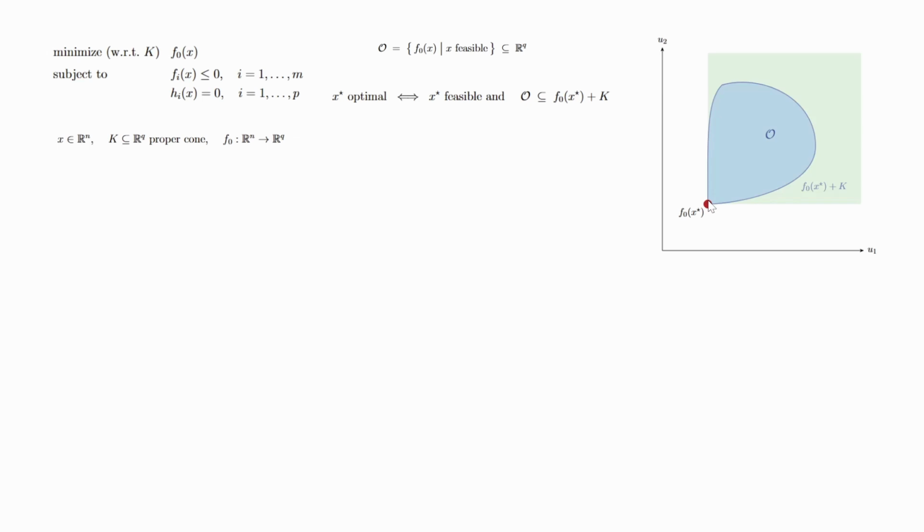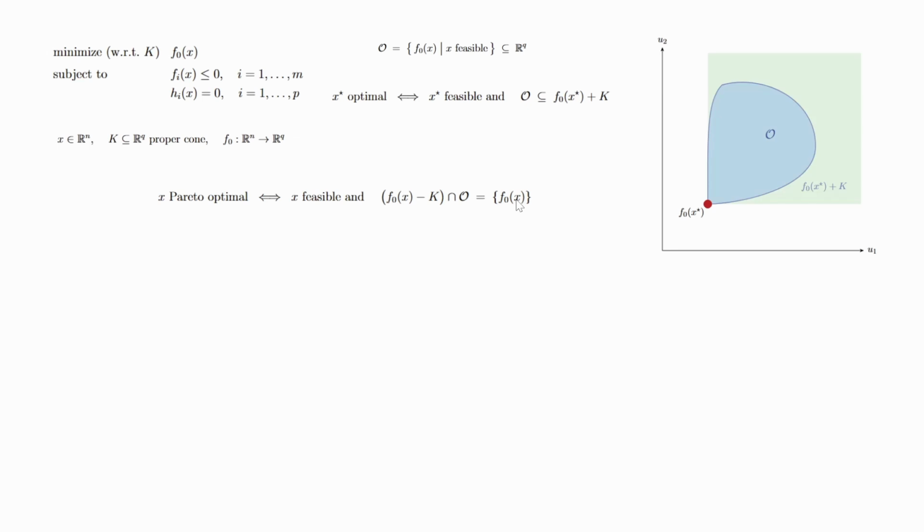This distinction matters. The algebraic condition is: x is Pareto optimal if and only if x is feasible and (f_0(x) minus K) intersect O is equal to the set containing the single point f_0(x). So let's break this down.